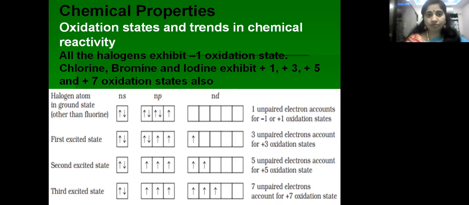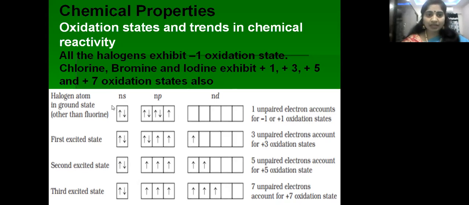Whereas chlorine, bromine, iodine have the d orbital also. That's why they can show +1, +3, +5 and +7 oxidation states along with the -1 oxidation state, right children? But fluorine can show only -1 oxidation state. It cannot show +1, +3, +5 and +7, because it does not have d orbital.